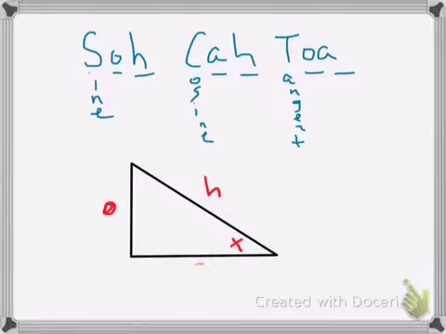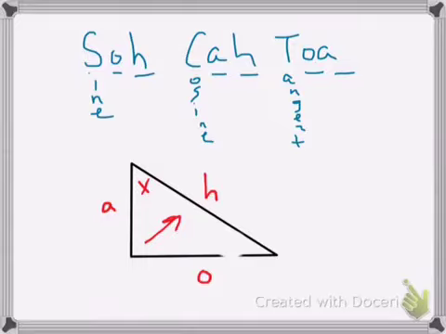Now, if I were to move the angle, let's erase these, to the other acute angle of the triangle, then the perspective changes. This becomes the opposite leg. This is the leg that's adjacent to, or next to, the angle, and the hypotenuse is unchanged because it's opposite the 90-degree angle.